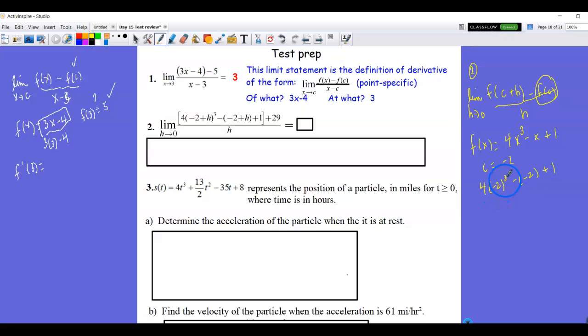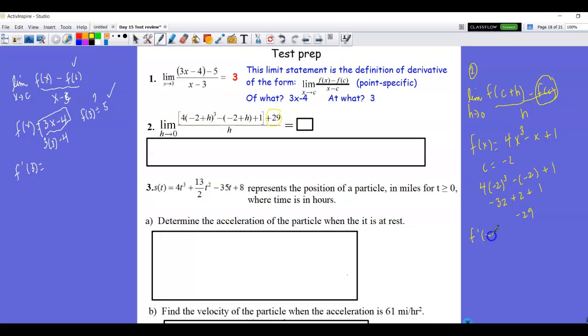Negative 2 cubed is negative 8 times 4 is negative 32, plus 2 plus 1, and then negative 32 plus 3 is negative 29. That confirms it, because there's a minus negative 29, which makes a plus 29. So now I know that this expression wants the derivative of f of x.